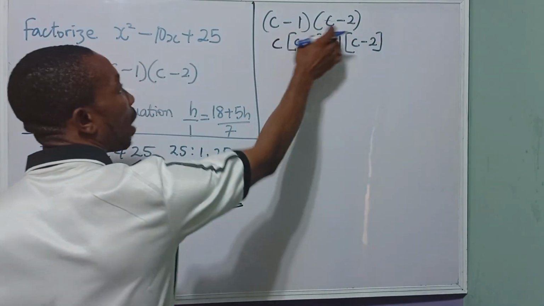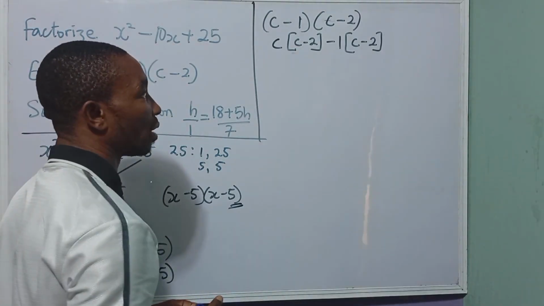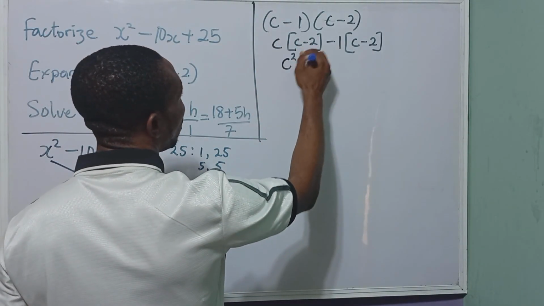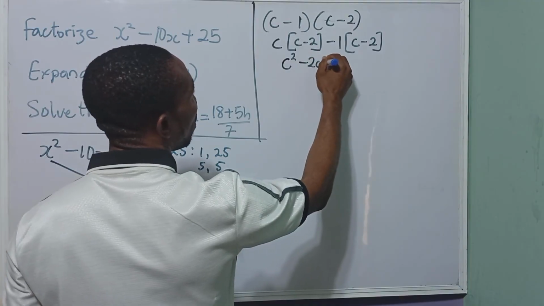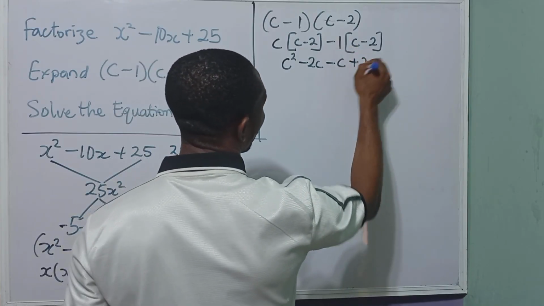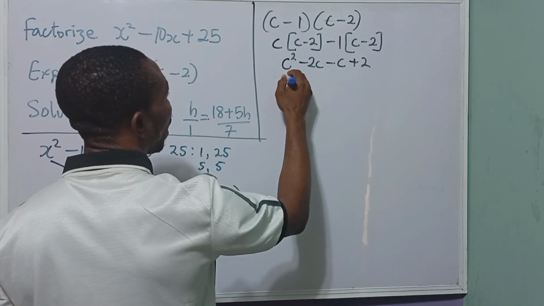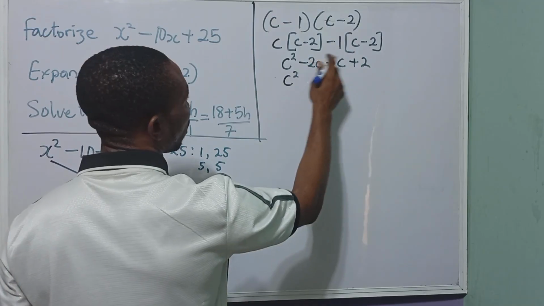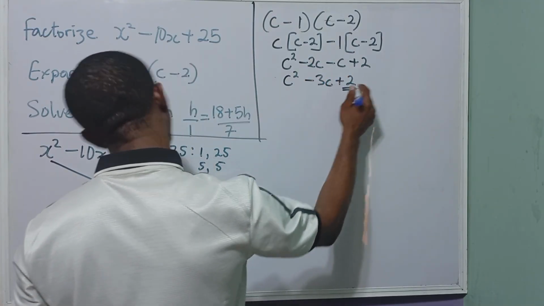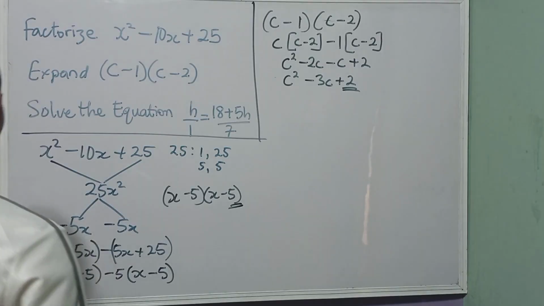You can see we are using what's in the first bracket to expand what's in the second bracket. So c times c gives us c squared, minus 2c, minus c, minus times minus plus 2. Collecting like terms, we have c squared minus 3c plus 2. So with this, we've expanded our bracket.